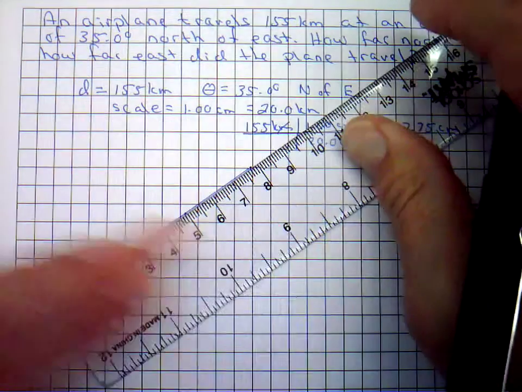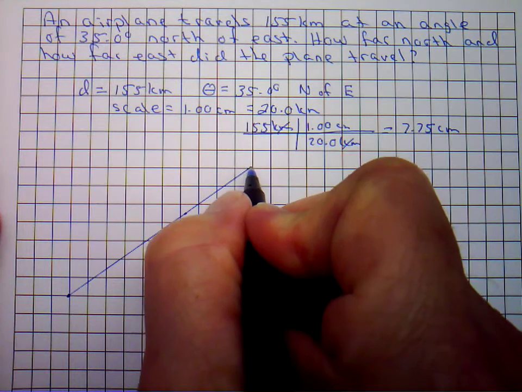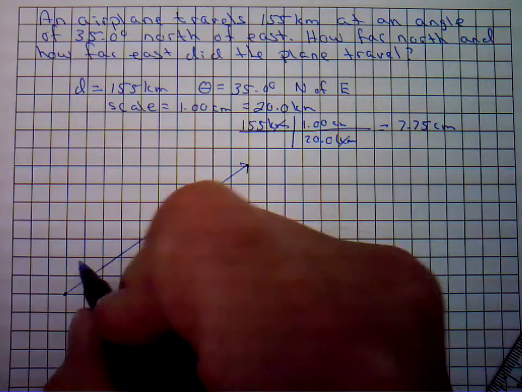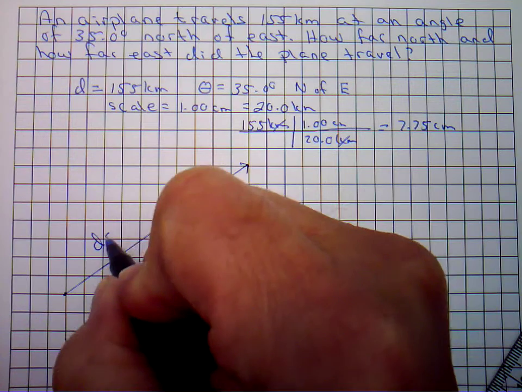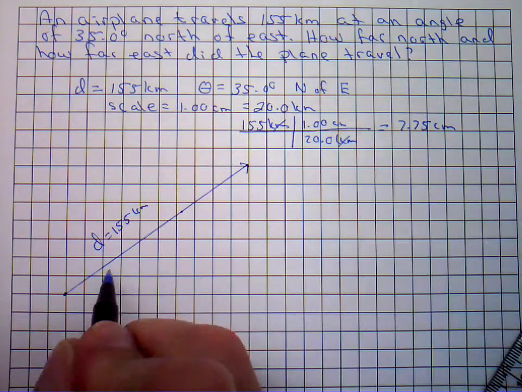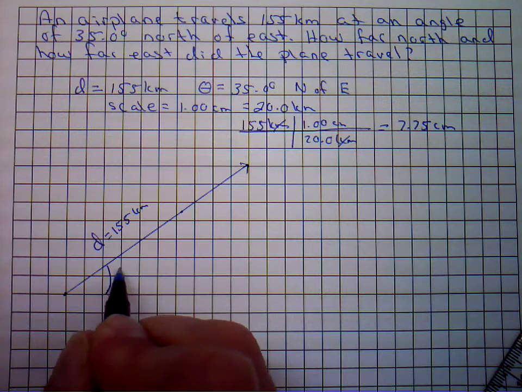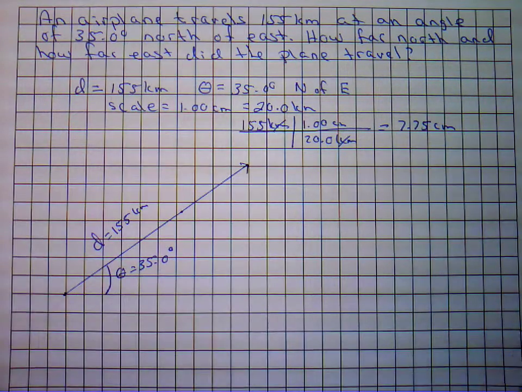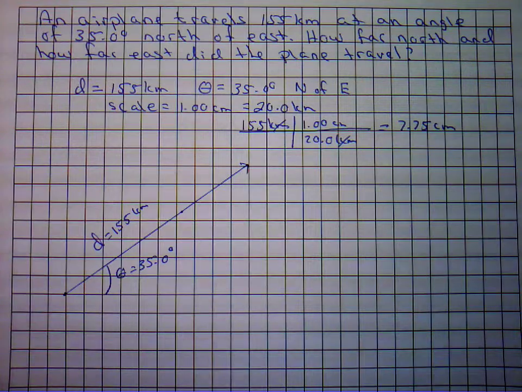And remember, this is a vector, so it must have an arrow at that point. So this is our displacement vector, which is 155 kilometers, and the angle, north of east, is 35.0 degrees. Label everything for that displacement so we know what it is.